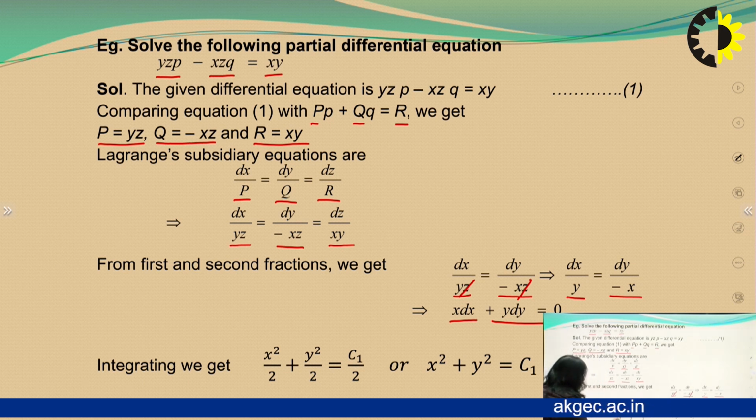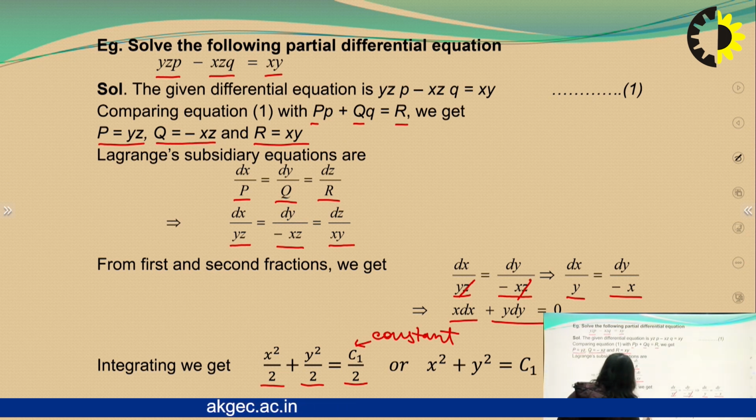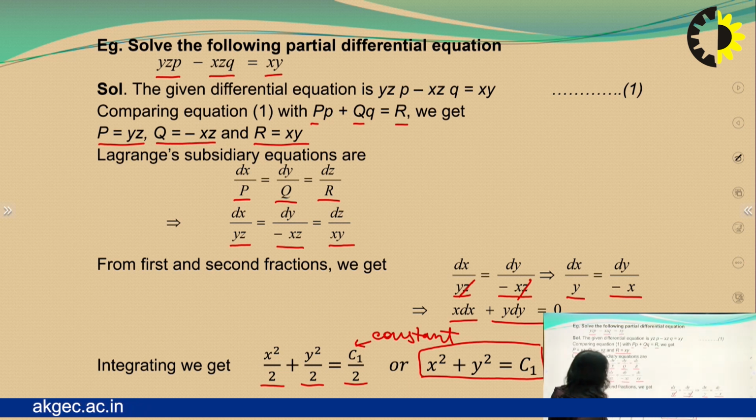On integration, we get x square by 2 plus y square by 2 equal to c1 by 2. This c1 is a constant. So this 2 will cancel out on all sides, and we get x square plus y square equal to c1 as one of the solutions.